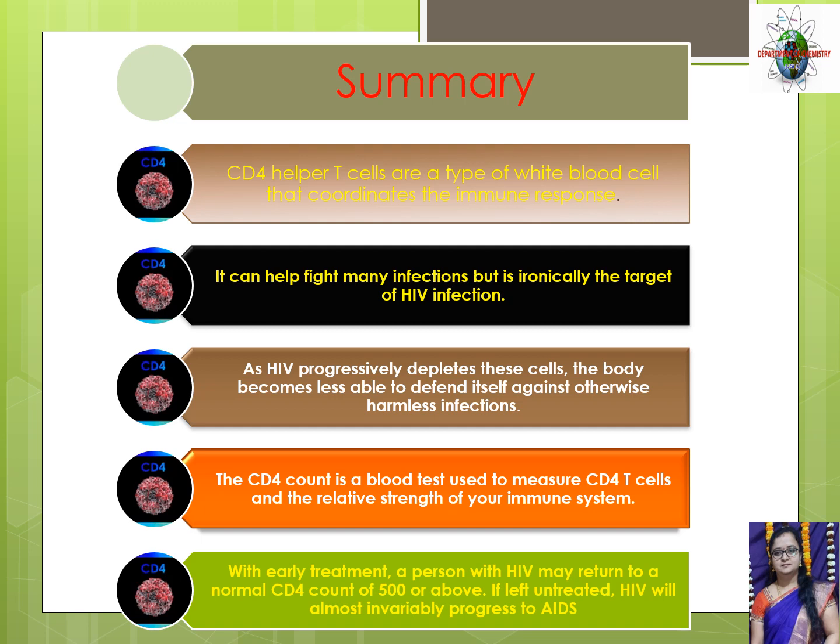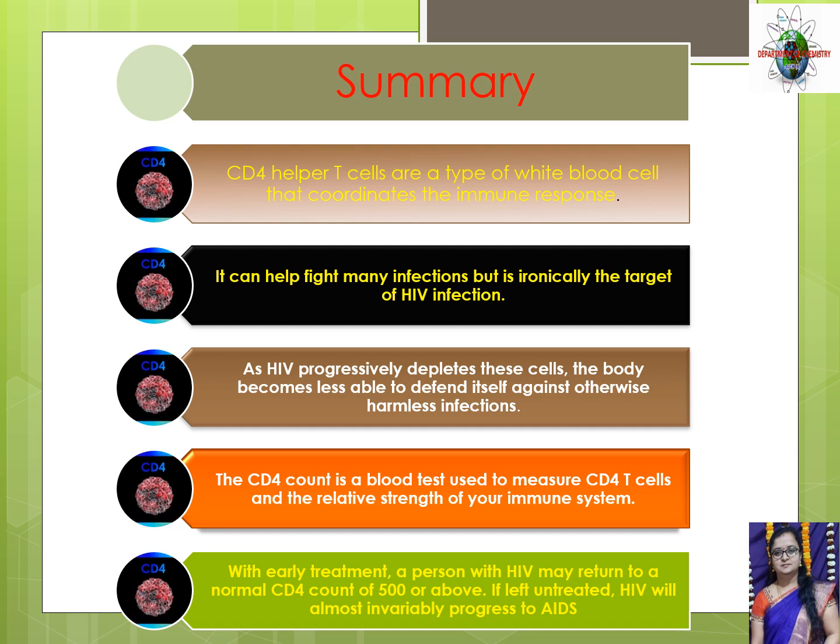CD4 cells are surface glycoproteins participating in activation and recognition of T cell antigens. CD4 helper T cells are a type of white blood cells that coordinates the immune response. It can help fight many infections but is ironically the target of HIV infection.